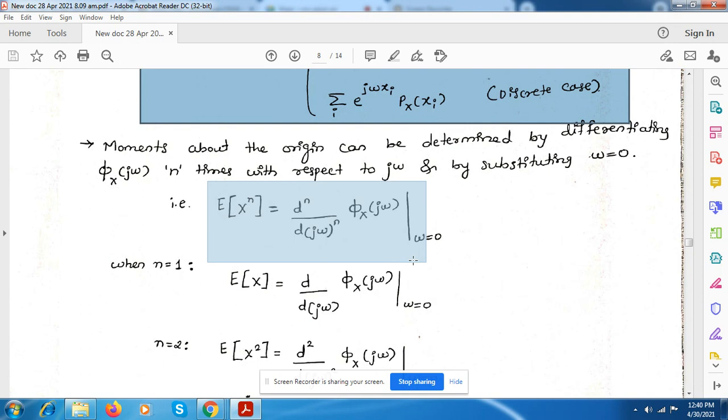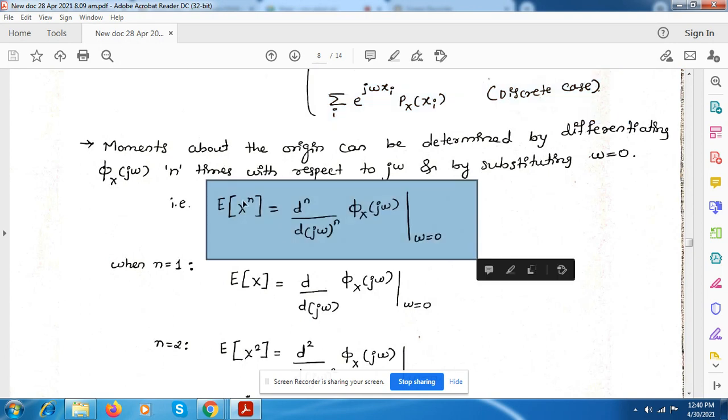To find the nth order moment, we write E of x raised to n. This is equal to the differentiation, d by d of j omega raised to n, of the characteristic equation phi x of j omega.